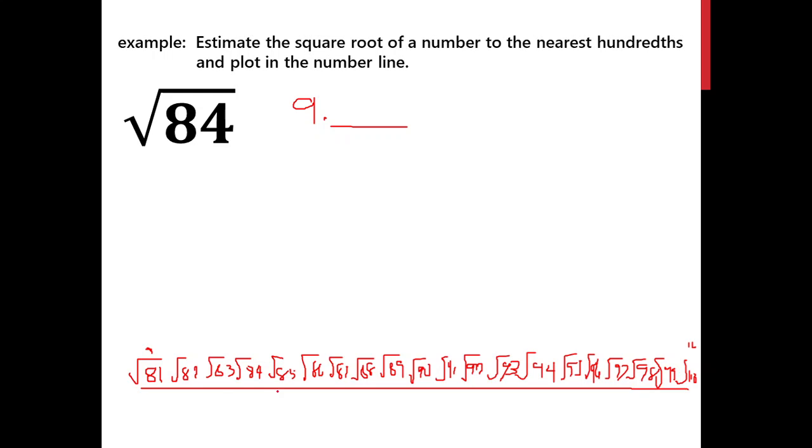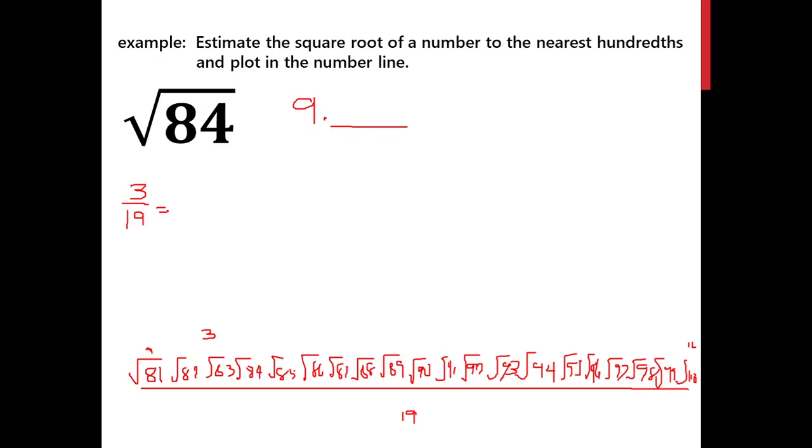That's 100 minus 81, so that's 19. Next, from our first perfect square to the square root of 84, we count 1, 2, 3. So that's 3. Then let's divide the smaller number by the bigger number. So that is 3 divided by 19.